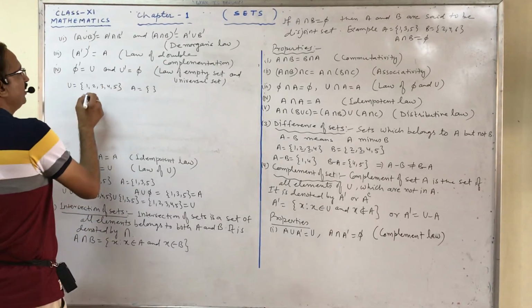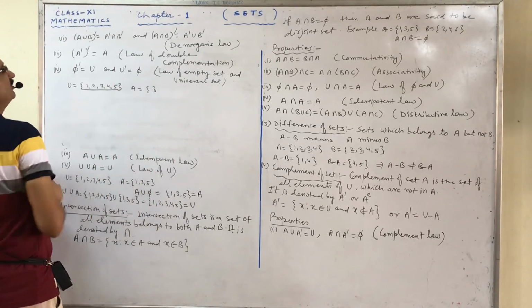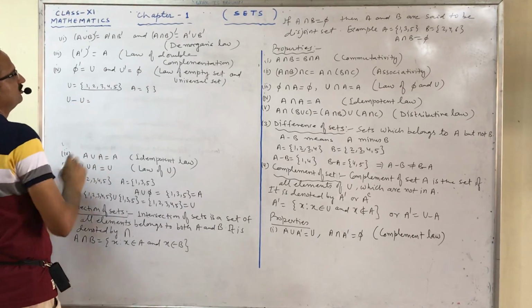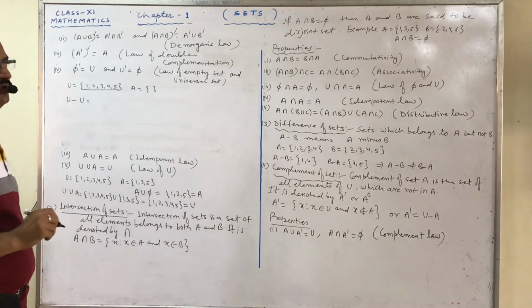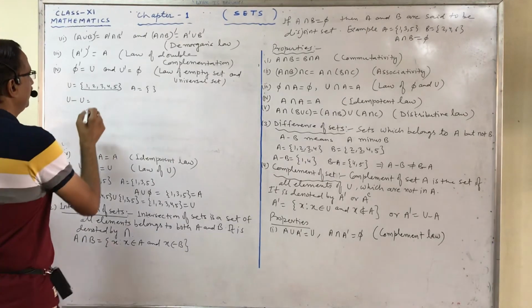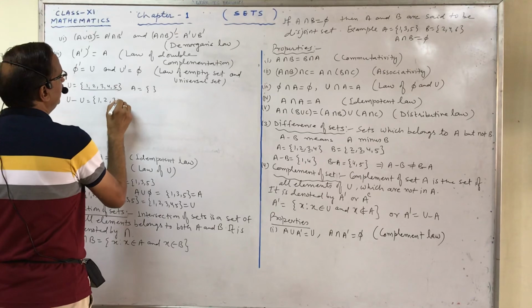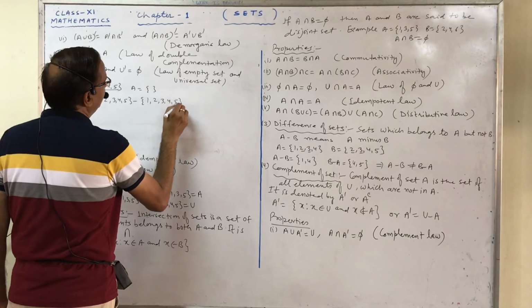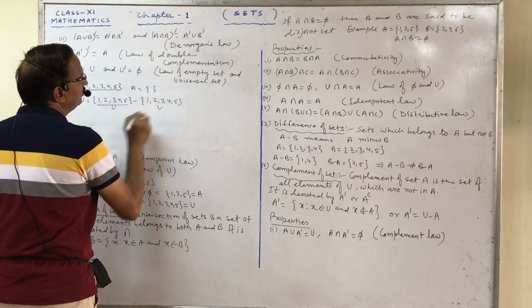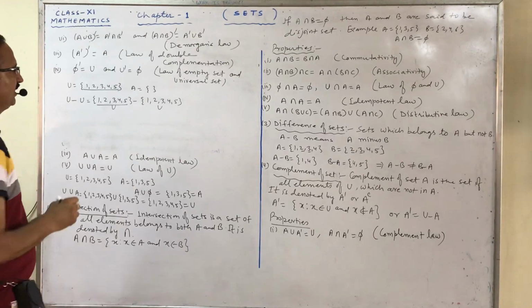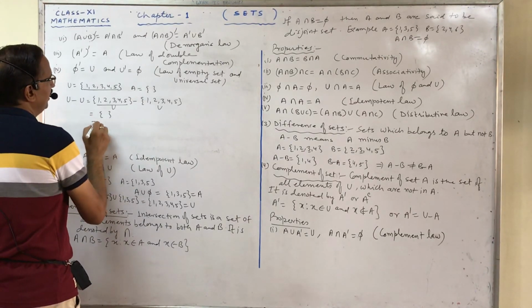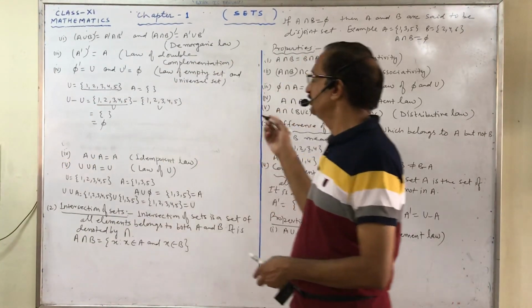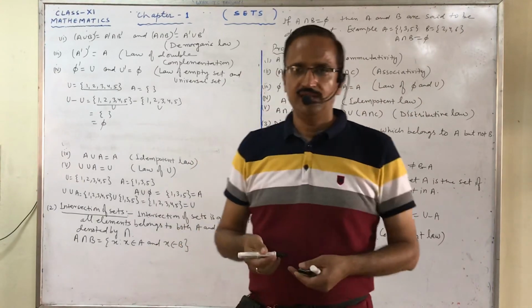It means all the elements are subtracted from this U. U minus U means we have to subtract all the elements of U from U. 1, 2, 3, 4, 5 are subtracted from 1, 2, 3, 4, 5. So what is the result? Nothing, means phi. So in this way, by using these, we can do the questions of exercises.